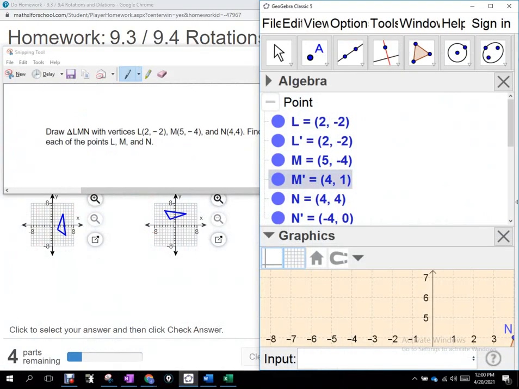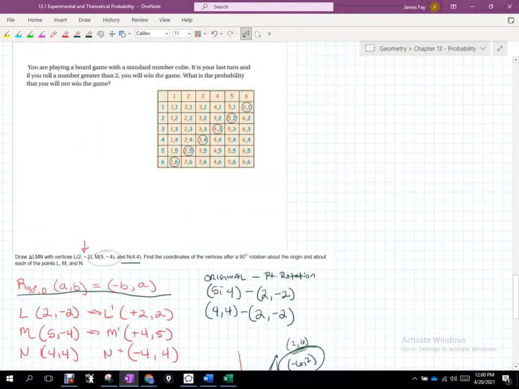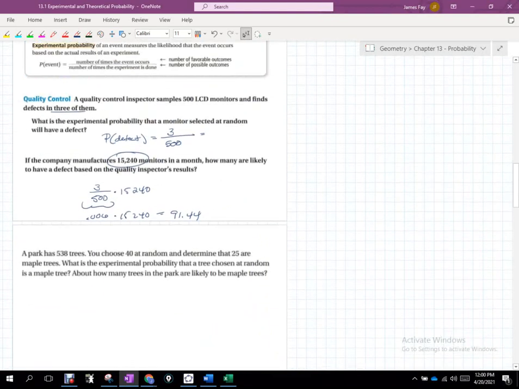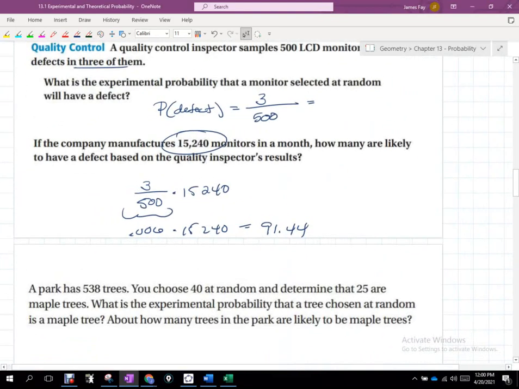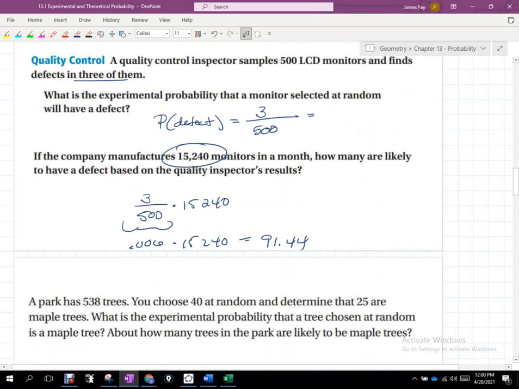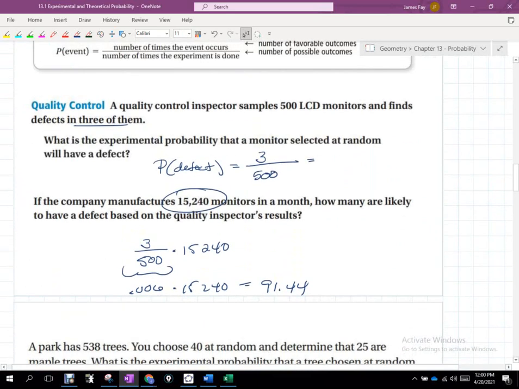Let's continue with the probability discussion that we were having yesterday. So we like to use probability to allow us to make decisions. Okay, we can't be guaranteed through the use of probability that our decisions are going to be correct, but we can have a high level of certainty that they're going to be correct.